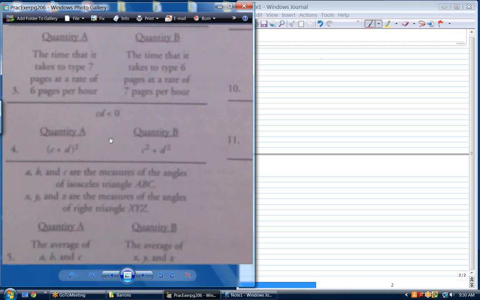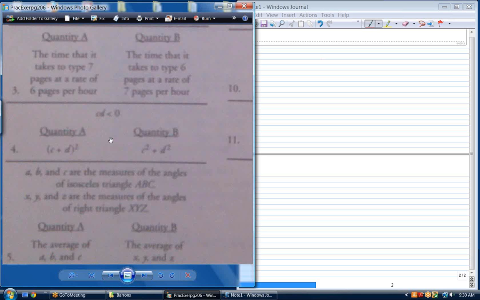Compare the time that it takes to type 7 pages at a rate of 6 pages per hour versus the time that it takes to type 6 pages at a rate of 7 pages per hour. That one I almost feel like I have to calculate it.